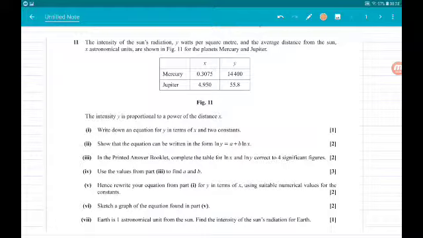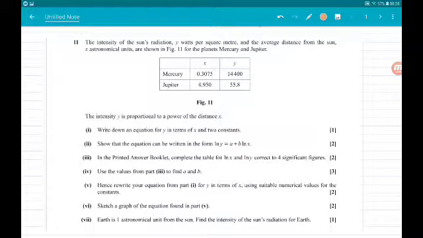We're told the intensity is proportional to a power of the distance x. Part 1 wants us to write down an equation for y in terms of x and two constants.